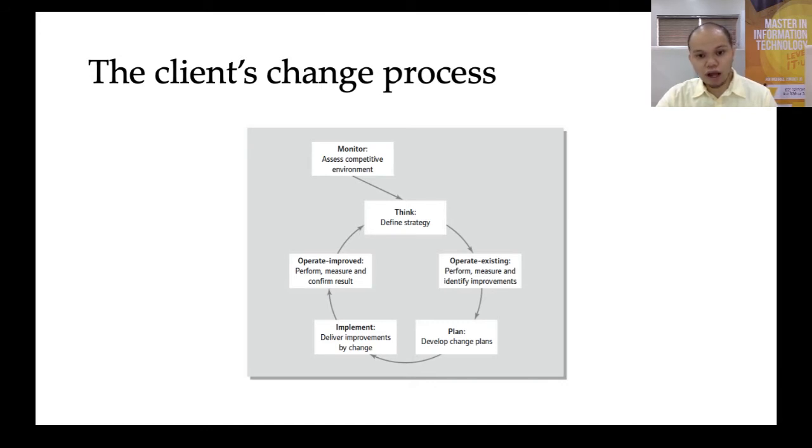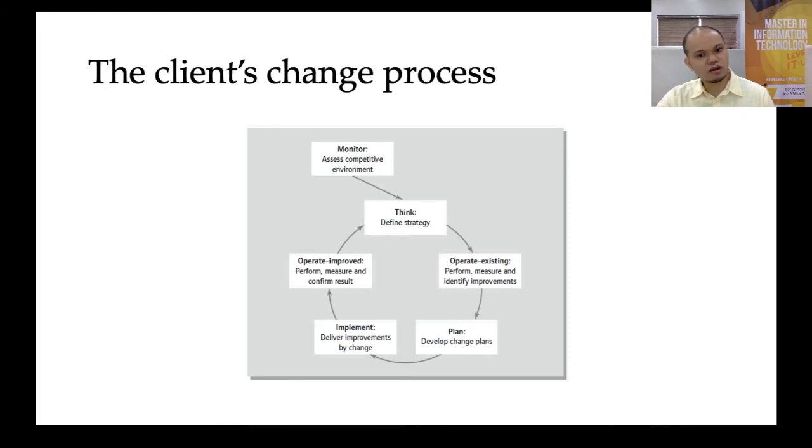And then once you have the strategy and some sort of an approach on how you'd want to do things, then you go with what is known as the plan step, wherein you develop the changes that need to happen. Of course, the premise here is that the client is already running, in the sense that it has its own practices, it probably even has its own culture, its own customs, its own policies.